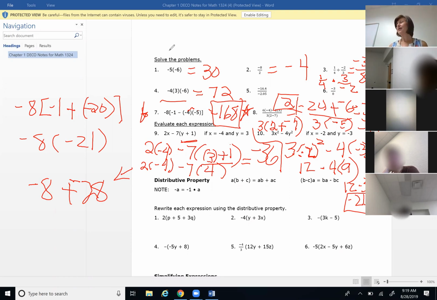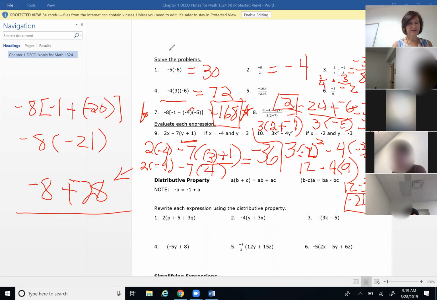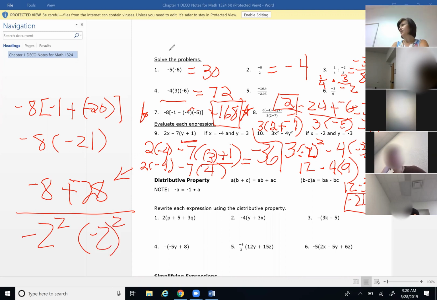Heads are going this way. Where are we getting stuck? Which part doesn't make sense to you guys? Do you understand the difference between this and that? They are not the same thing. An exponent is only attached to what's right in front of it.